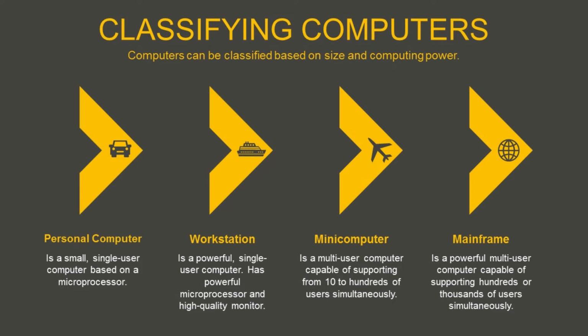These computers can fit on desks or tables and prove to be the best choice for single-user tasks. That's why at home or at school we use personal computers or microcomputers. So next one is the workstation.